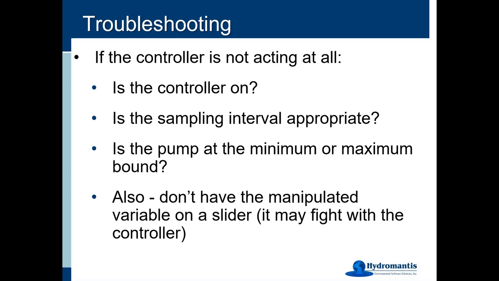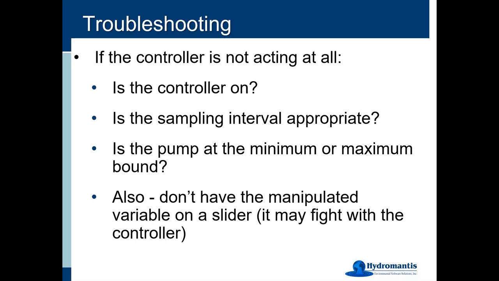And lastly, this is just a GPS-X software issue, just a way that we put all of our information together. It's always good practice to not have the manipulated variable that you are trying to control with the PID loop also up as an interactive slider. It's particularly true when you're using customized variables that you've created or written some code for.